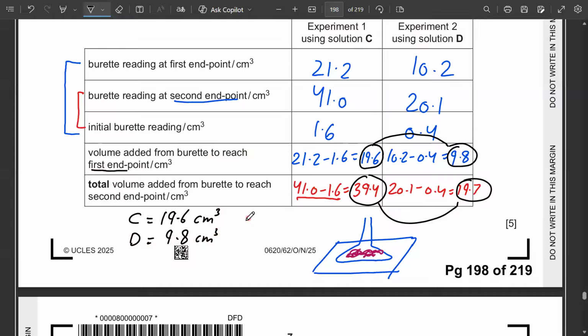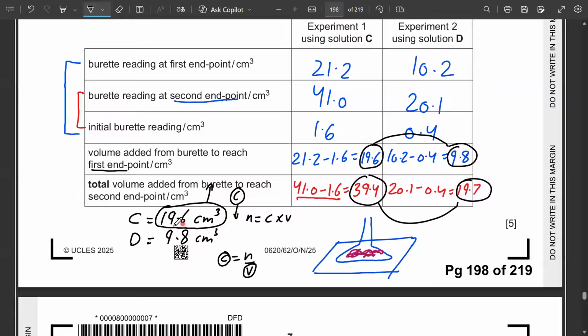In other words, if you again use this relationship, Cn is equal to C into V, or C is equal to N over V, volume is inversely proportional to concentration. If the volume is increased, it means the concentration has decreased.